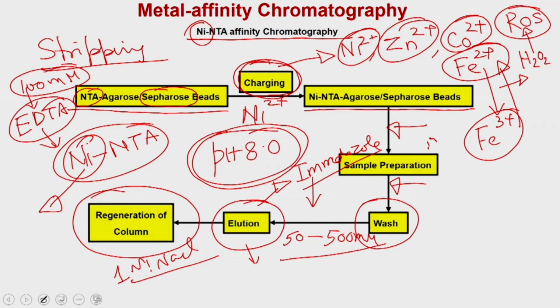In the charging step you incubate the column with a 100 millimolar nickel sulphate solution. The nickel present in the nickel sulphate solution will bind to the NTA groups. NTA is a functional group present on the agarose or sepharose beads, depending on the vendor you buy these beads from, and the nickel will bind to the beads.